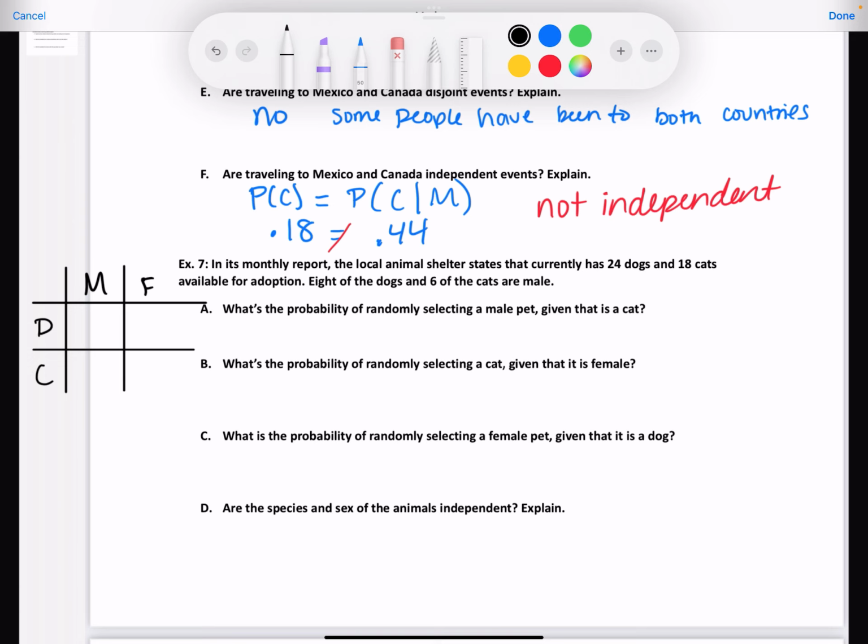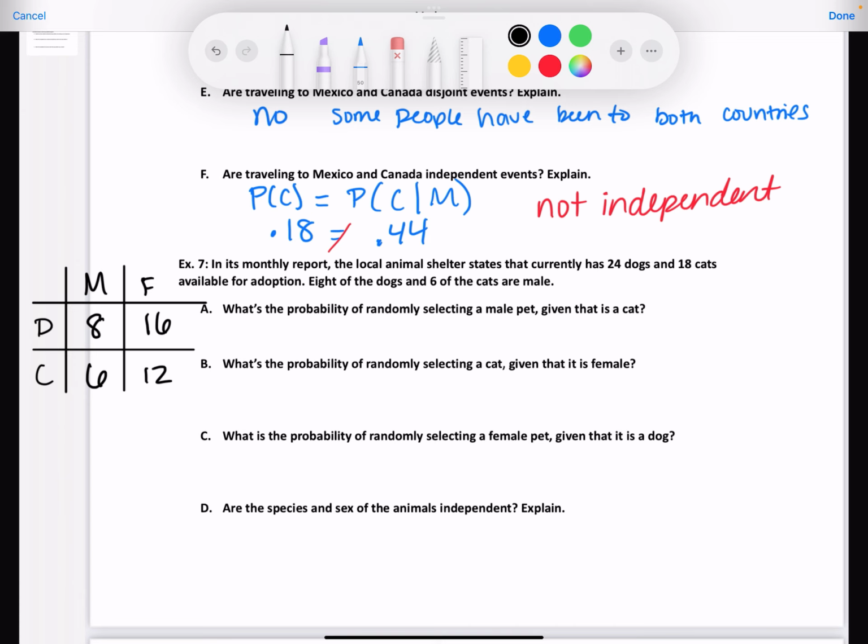So we're told that 8 of the dogs are male and 6 cats are male, so I can fill that in. And then we just have to subtract that value from the total number to get the female. So 24 dogs minus 8 dogs is 16 dogs that are female, and then 18 cats minus 6 cats is 12 cats that are female.